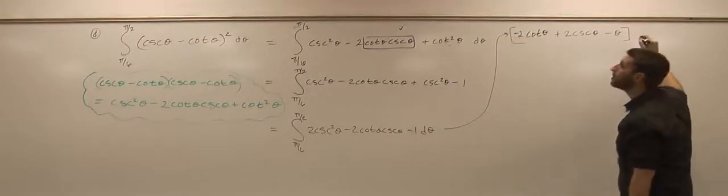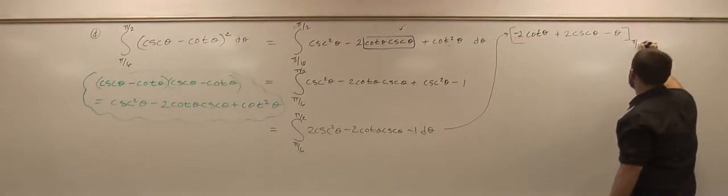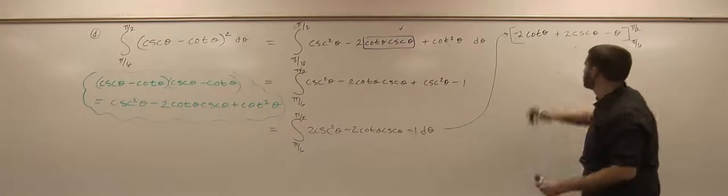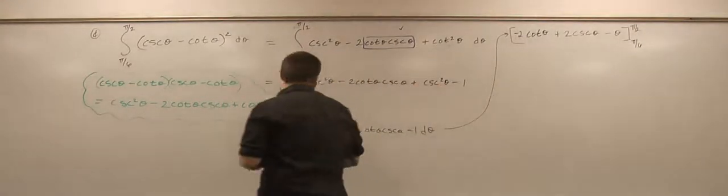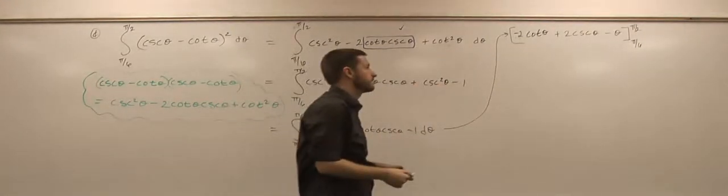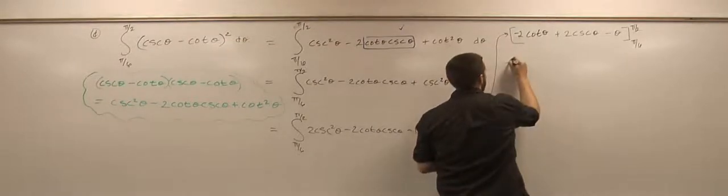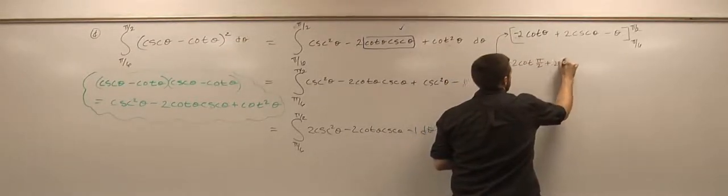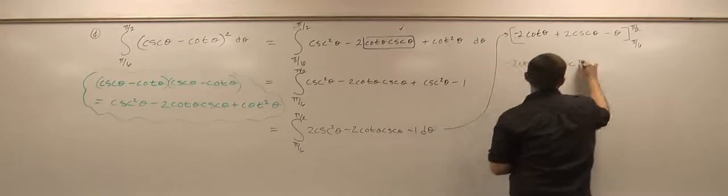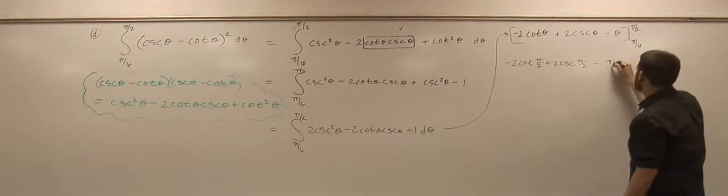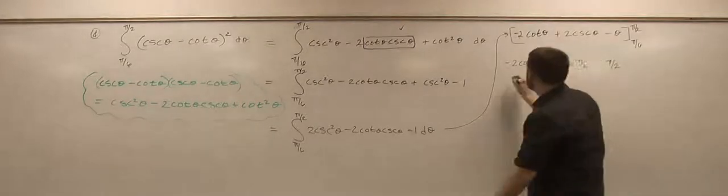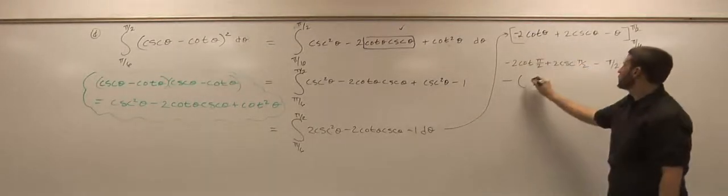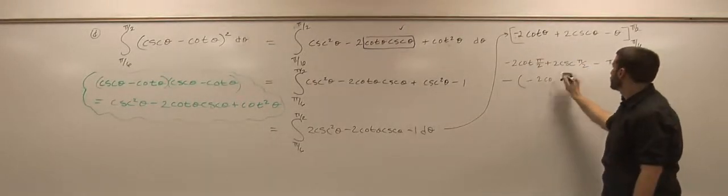Evaluated from pi over 6 to pi over 2. So then you plug it all in, negative cotan pi over 2 plus 2 cosecant pi over 2 minus pi over 2. Then you subtract what you get when you plug in pi over 6.